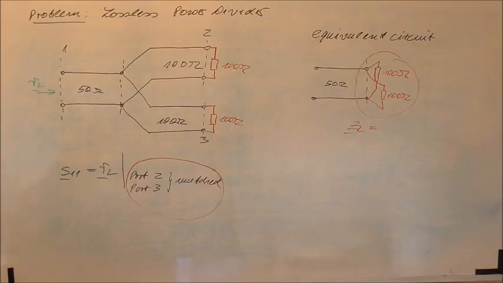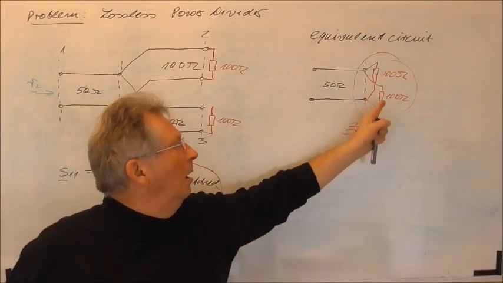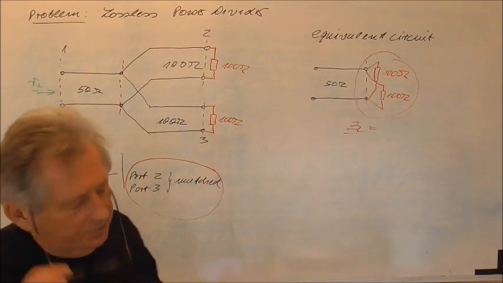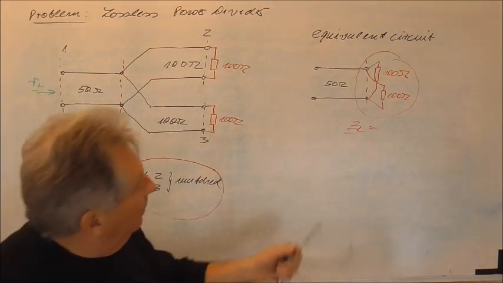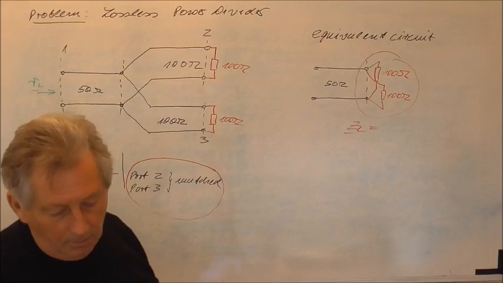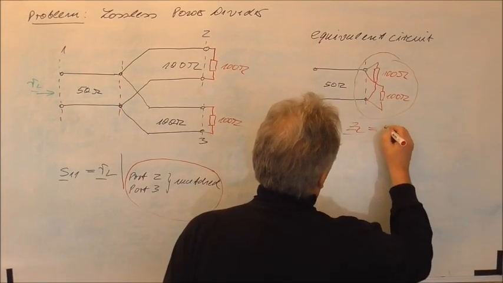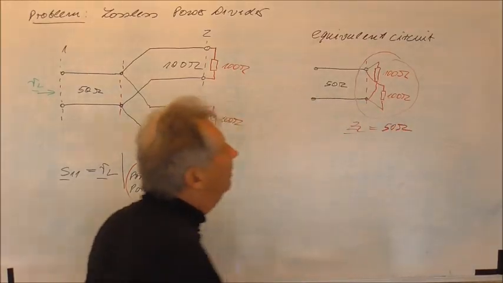Parallel. So this is a parallel connection of two 100 ohm resistors. What is the value then for the load impedance? 50. The value of the load impedance is 50 ohm.